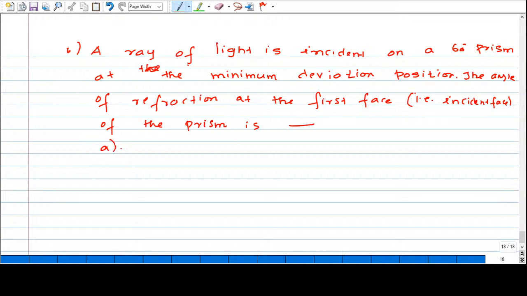Option A, it is 0. Option B, 30 degree. Option C, 45 degree. Option D is 60 degree.